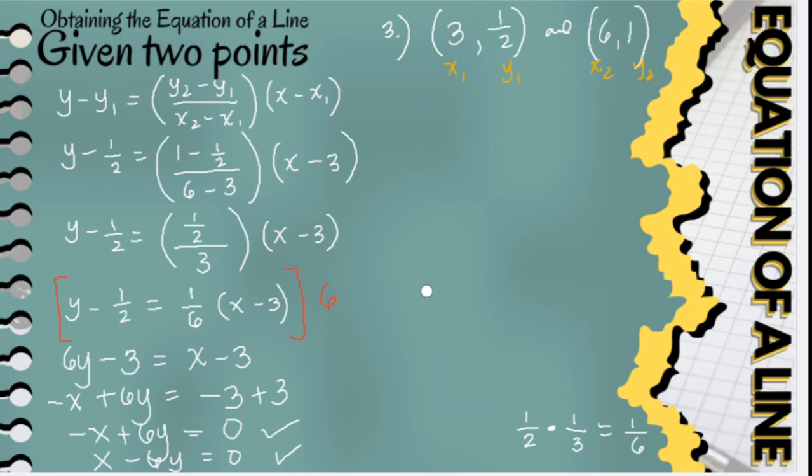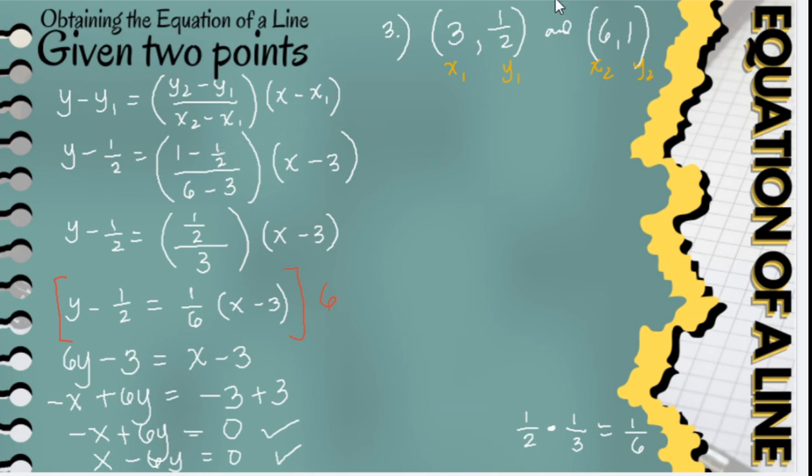Again, if we're going to find the equation of a line given 2 points, okay? So, ang gagawin natin, mag-a-assign muna tayo kung alin ang x sub 1, y sub 1, x sub 2, y sub 2. And then we use our formula, y minus y sub 1 is equal to y sub 2 minus y sub 1 over x sub 2 minus x sub 1 times x minus x sub 1.